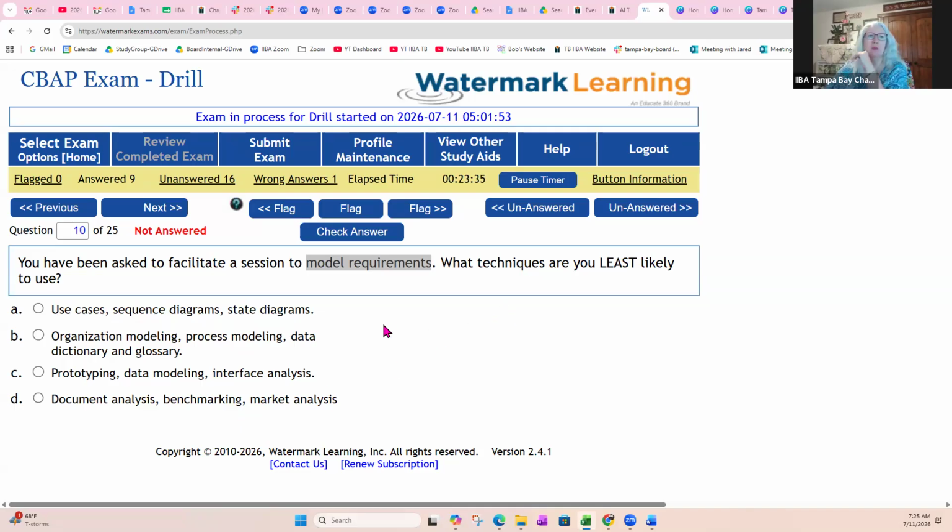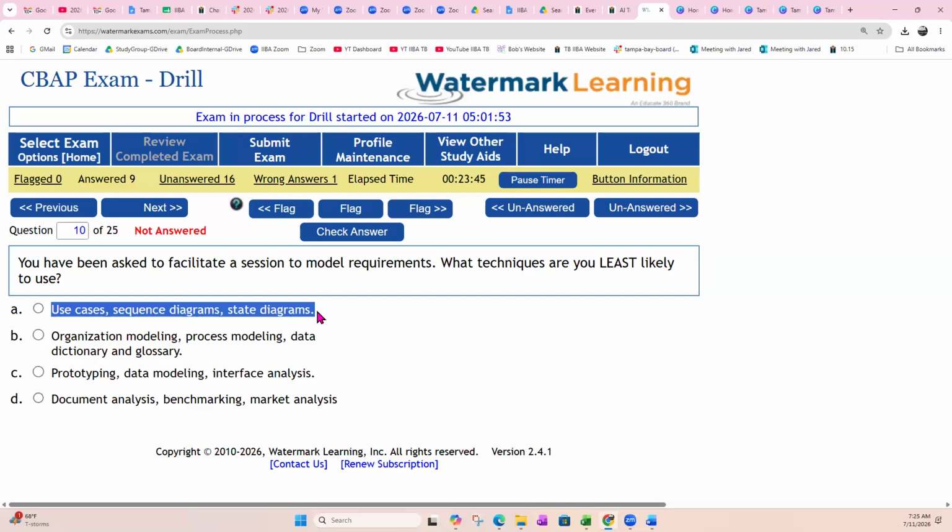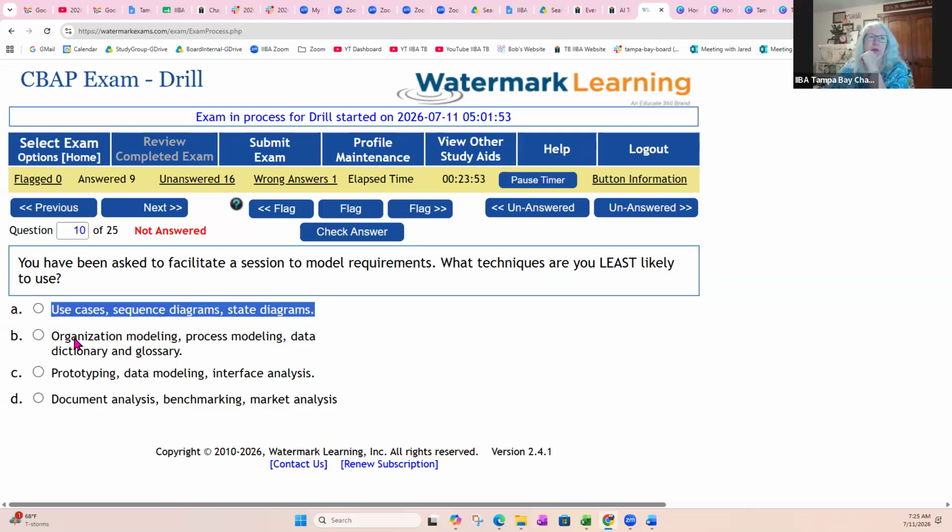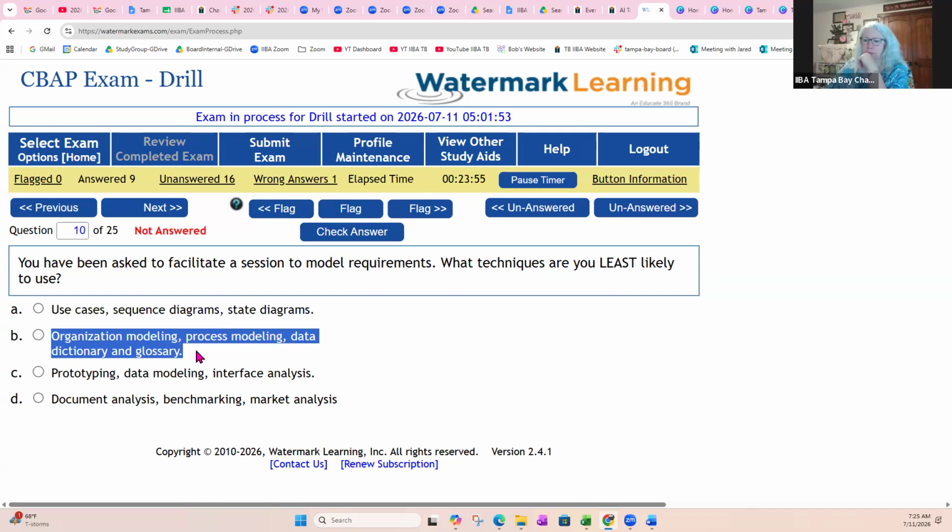Let's eliminate the ones that we know we will use. How about this one? Will we use these? Not in a. Yes. Use cases, sequence, state diagrams. Yes. Okay. Will we use these?